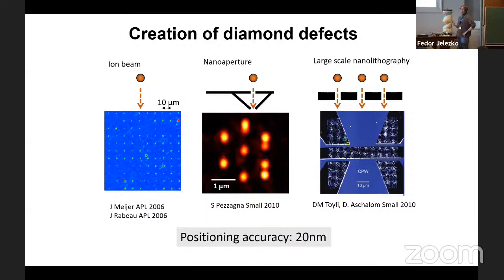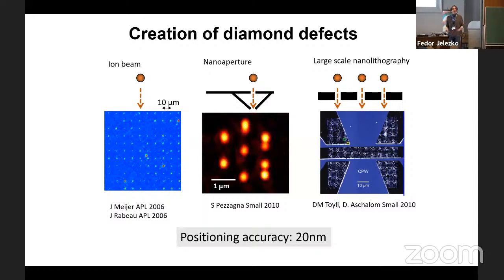Then there were some techniques developed, like, for example, implanting NV centers through the holes in the AFM tip or through a mask in PMMA or in a metal, where the size of the hole now defines the precision of implanting nitrogen ions. And nitrogen you can then convert to NV center after implantation.